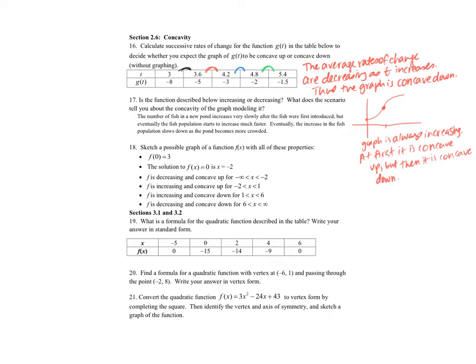It looks like the highest x value I see is 6, and the lowest one I see is like -2. Okay. So f of 0 is 3, so we can plot that point there. The solution to f of x equals 0 is x equals -2. So at -2, the function is 0.